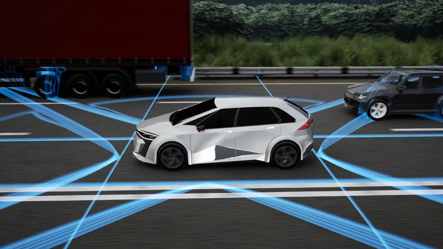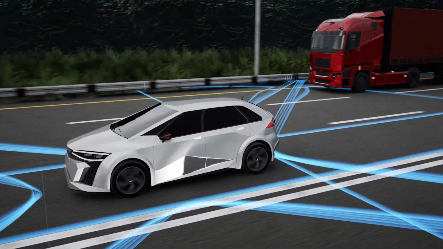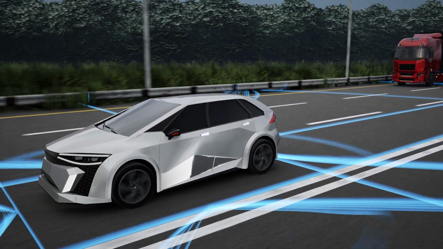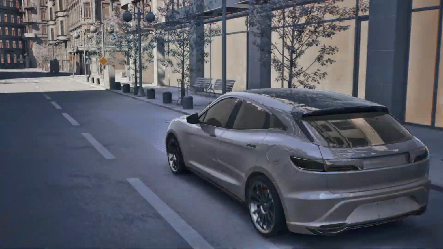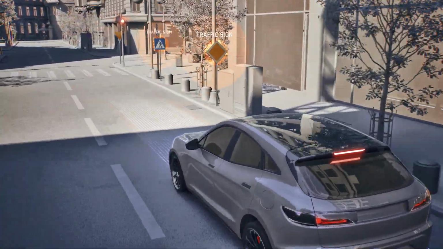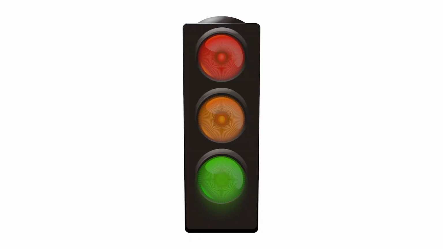While driving along a road, an autonomous vehicle uses sensors, such as cameras, radar, and lasers, to perceive the conditions of the road ahead. Signals from those sensors are sent to the vehicle's computer. What happens when those sensors detect a red light ahead?